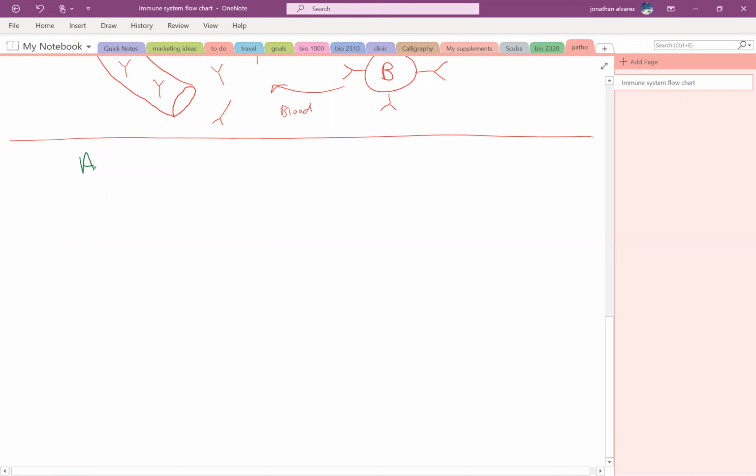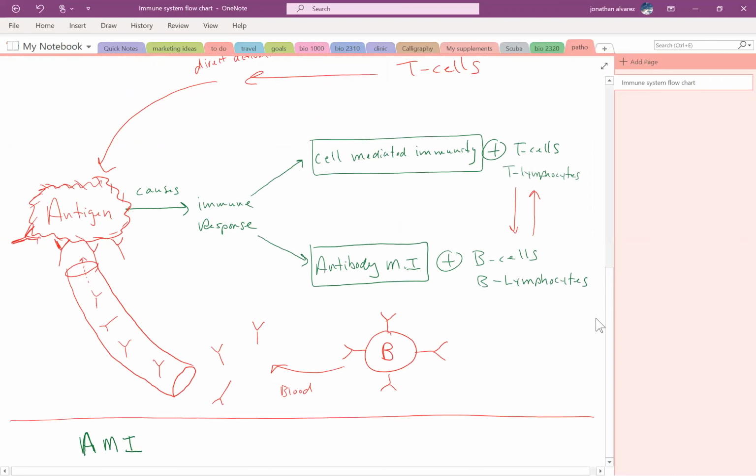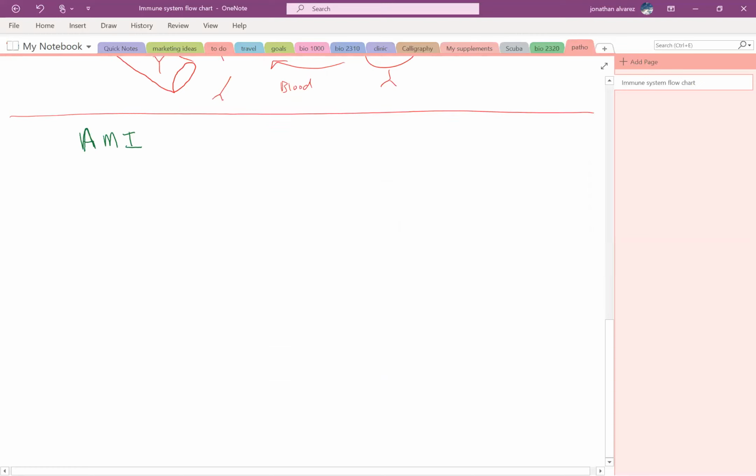I'm just going to do this shorthand, but please write it out: antibody-mediated immunity. When you see that, you want to be thinking your B cells. So it's activation of the B cells.